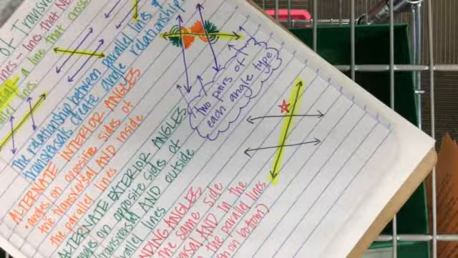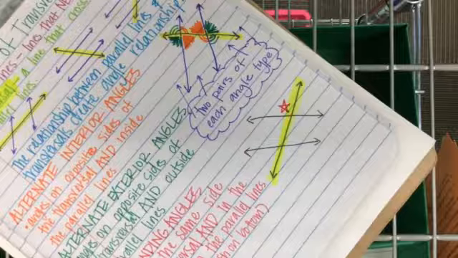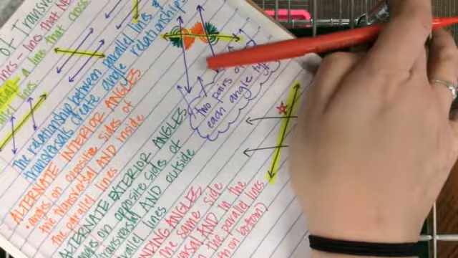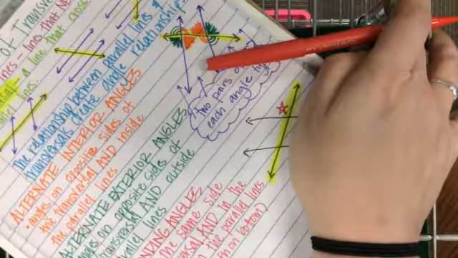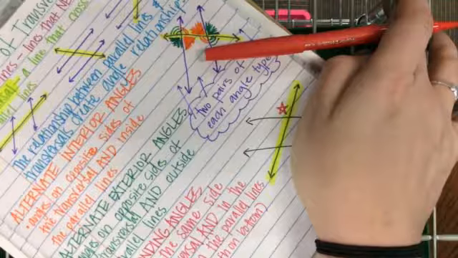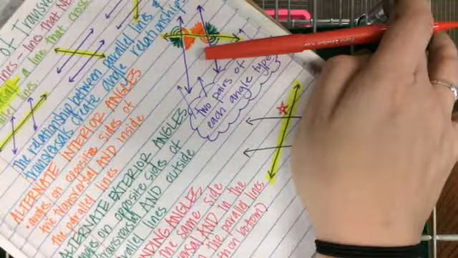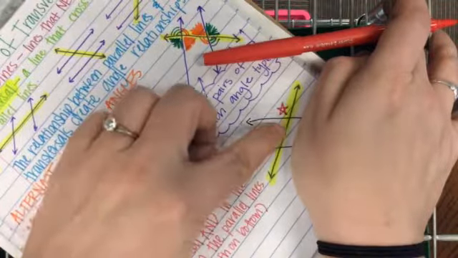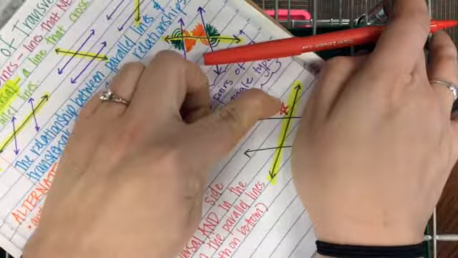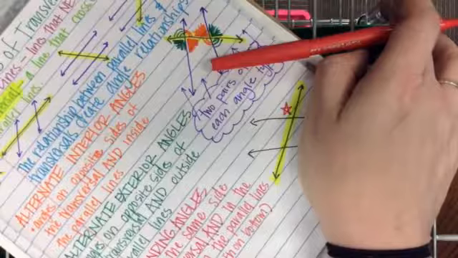Where's its corresponding angle? It's on the same side. Okay, this is on the left side, so it's going to have to stay on the left, so I have to deal with just this side. It's on the same side and in the same position. So it's on top of a parallel line. So can someone go point to its corresponding angle, Olivia?